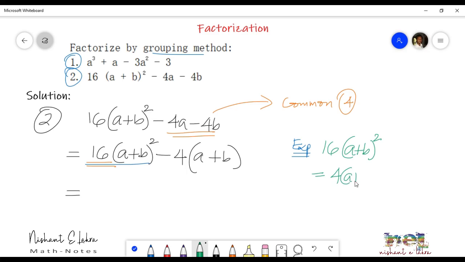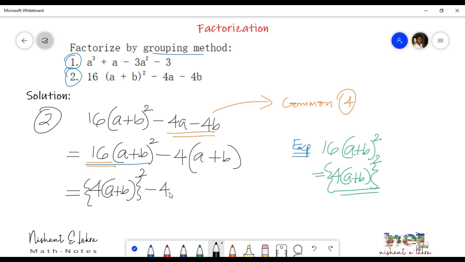So we can write it as 4 into (a plus b) in brackets, and using a curly bracket we will write it as whole square. Right, so we'll just write this value here, 4 into (a plus b) in curved bracket, and using a curly bracket we write it as whole square.